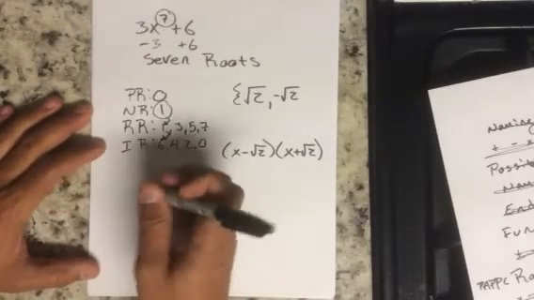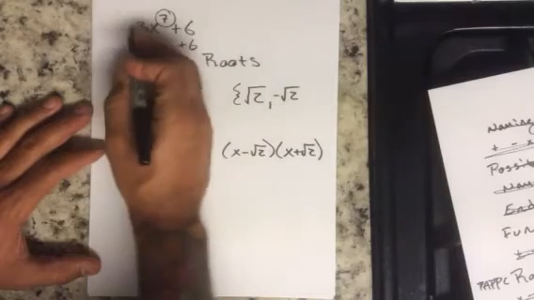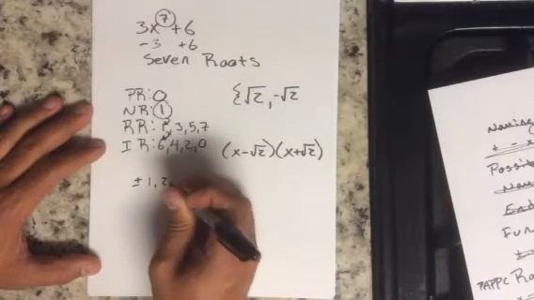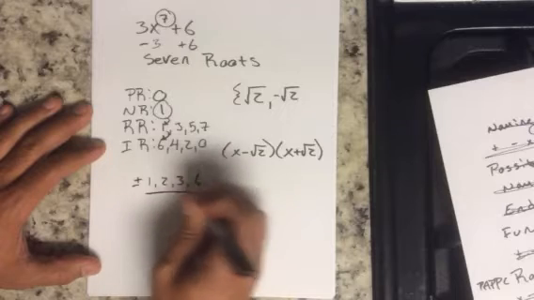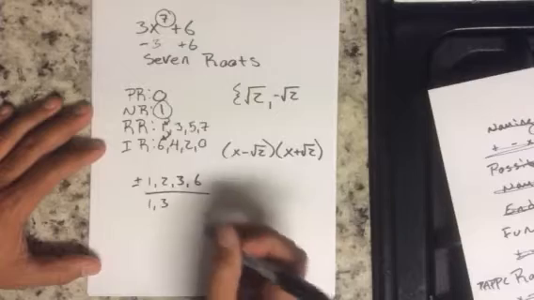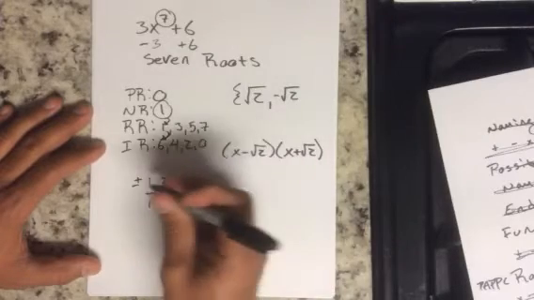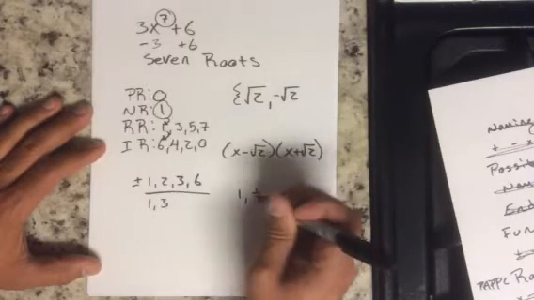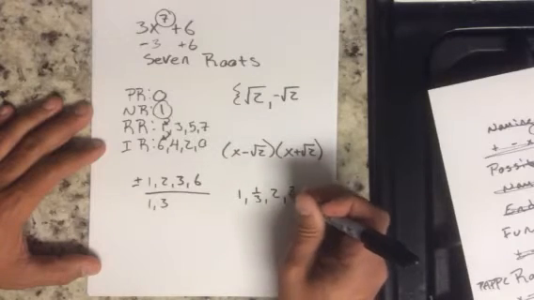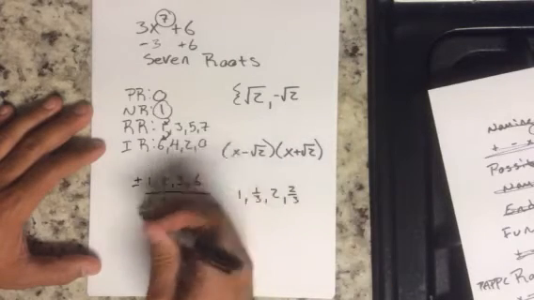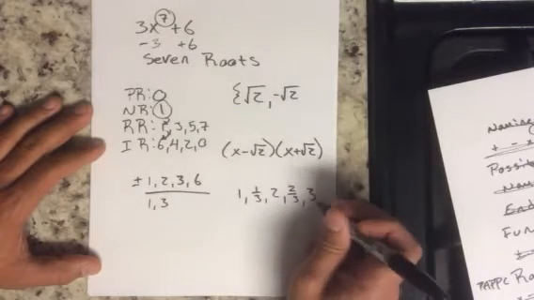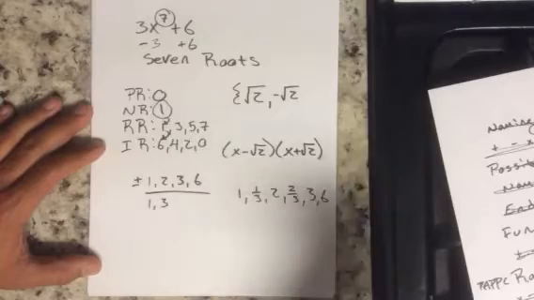So possible rational real roots are all the factors of this divided by all the factors of this. So 1 or 2 or 3 or 6 by 1 or 3. So that's 1, 1/3, 2, 2/3, 3, 1, which I already have, 6, 2, which I already have.